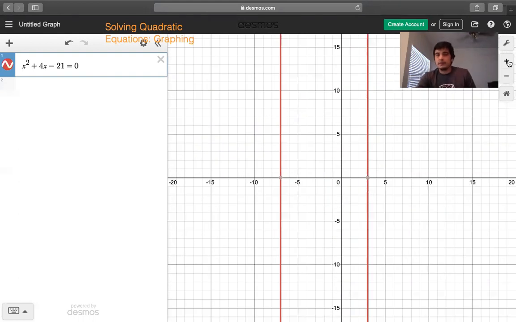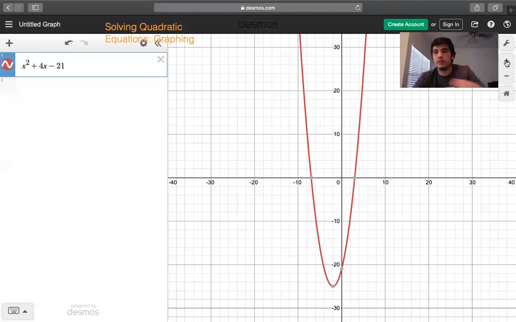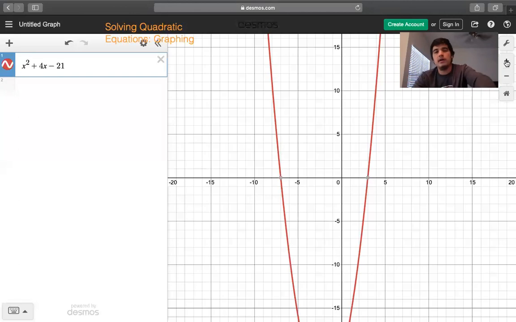We'll talk about that later, but as for using this type of graphing calculator, I don't want you to put the equal 0, okay? So delete that and just leave it like this, x squared plus 4x minus 21, okay? So it has a curve, so it has a quadratic type of parabola, okay?